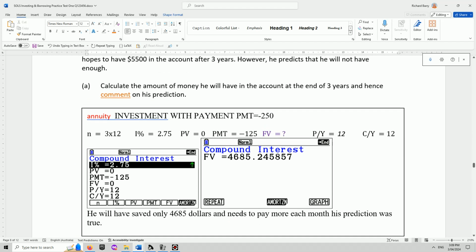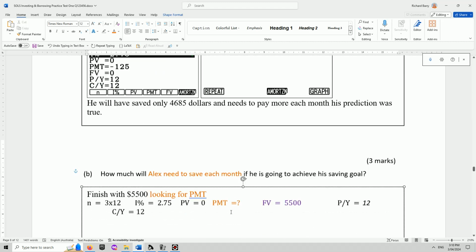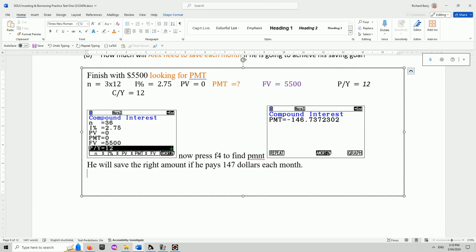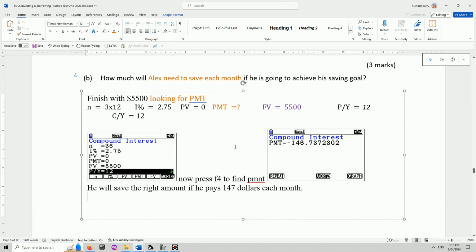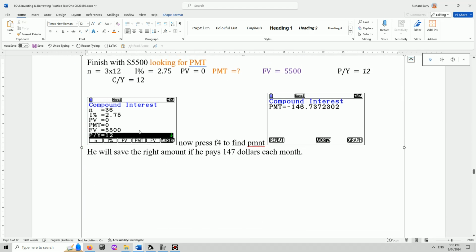Now, another question would then ask me how much interest did he earn. I'm just going to change color because this didn't say. We'll just add this question a little bit since we're in mode.